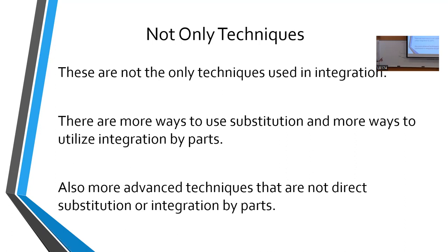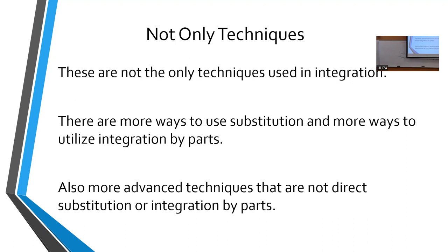So we've done substitution, which is the reverse of the chain rule. We've done integration by parts, which is a reverse of the product rule. These are obviously not the only ways to use substitution. There's other ways to do integration by parts as well, other scenarios that would fit.